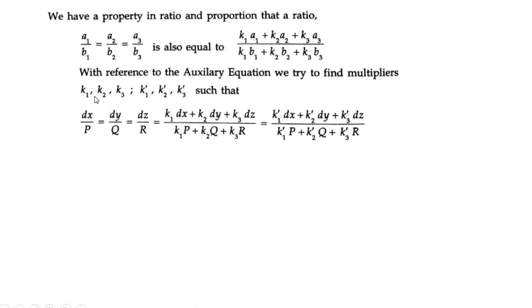In general, the multipliers are k1, k2, k3, k1 dash, k2 dash, k3 dash, such that dx/P = dy/Q = dz/R = (k1 dx + k2 dy + k3 dz)/(k1 P + k2 Q + k3 R), which is equal to the corresponding expression with k1 dash, k2 dash, k3 dash. You will get to know exactly what all these are when we solve the problem, so don't break your head over this procedure right now.